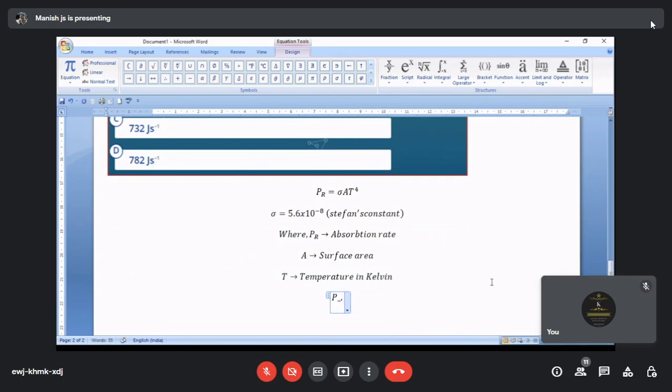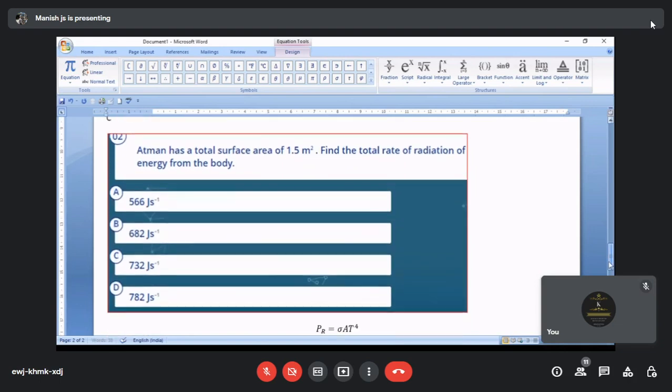The absorption rate. Substitute all the values: 5.6 into 10 power minus 8 into the area, which was given as 1.5, into the temperature. What was the temperature in the question?